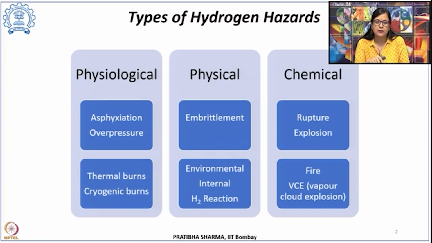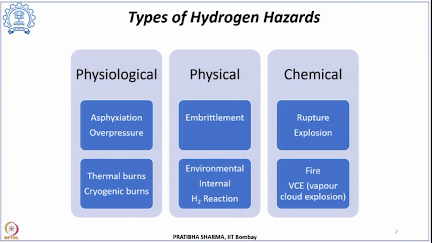Other than the direct injuries, it is also possible that a hydrogen leak can displace oxygen if it is in a confined space, and that displacement of oxygen, if it reduces below 19.5% by volume, can lead to asphyxiation.